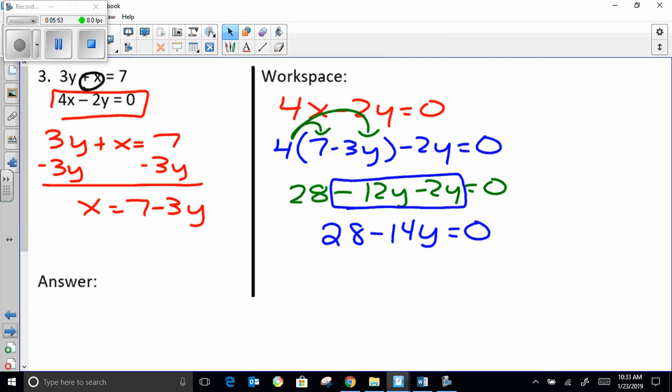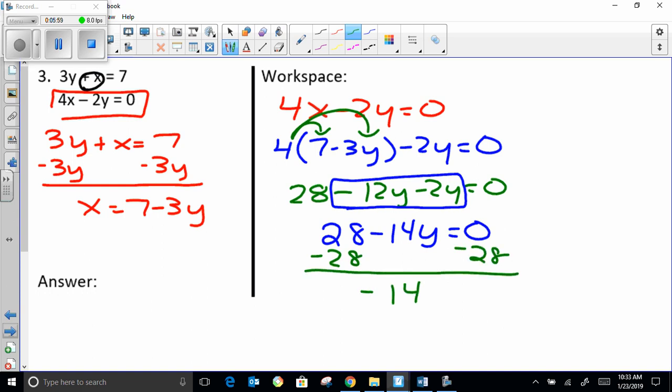To get y by itself now, we're going to minus 28 from both sides. That gives me negative 14y is equal to negative 28. Divide by negative 14 and y is equal to 2. So I know that y is equal to 2.